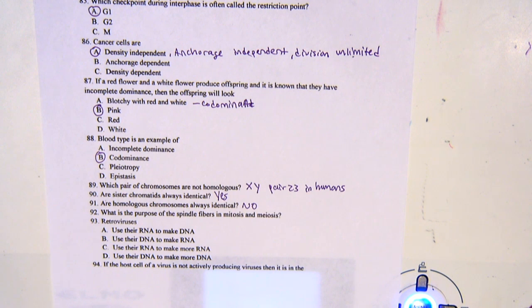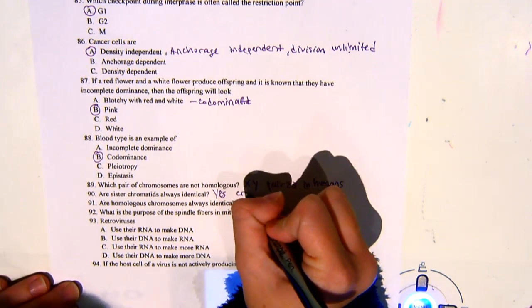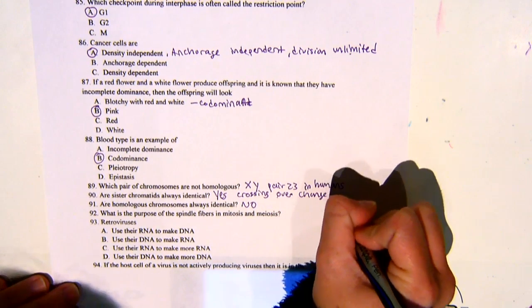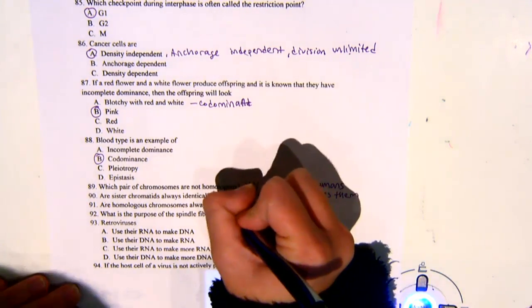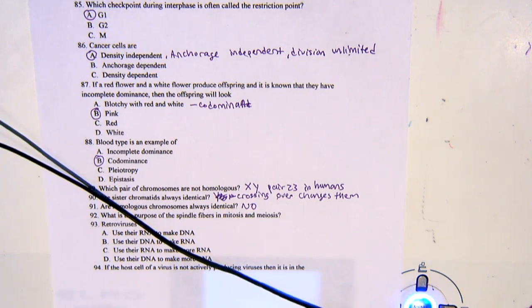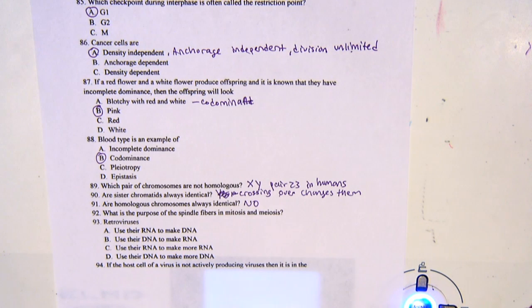I see your point. All right, we'll make an exception then. Sister chromatids are not always identical because crossing over can change them. I suppose if I asked, are sister chromatids always identical in mitosis, we would say yes. But if we're in the context of meiosis, then no. Thanks for pointing that out.